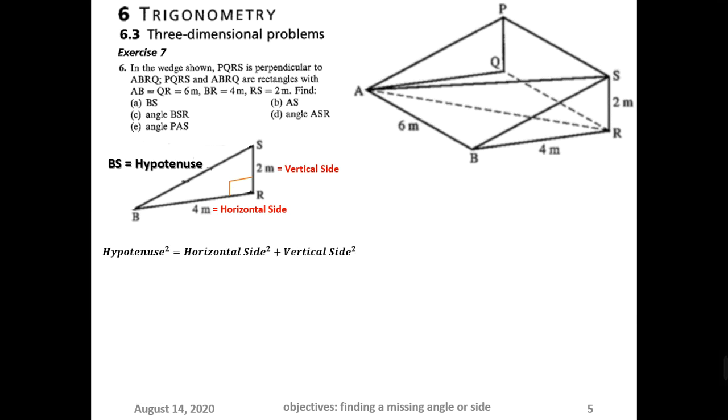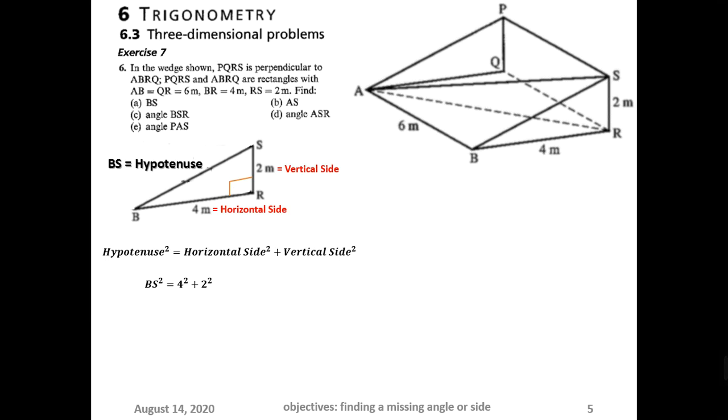Let's substitute in the formula. The hypotenuse is missing and the horizontal side is equal to 4, so it's 4 to the power of 2. The vertical side is equal to 2, so it's plus 2 to the power of 2.